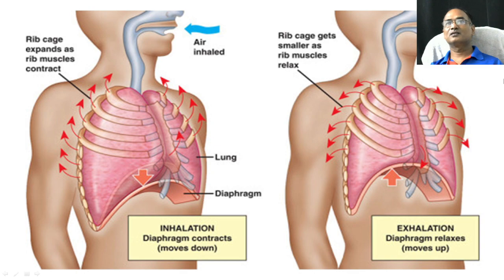Up to this, we have discussed inhalation, exhalation, internal respiration, external respiration, and how your diaphragm supports inhalation, and by releasing the diaphragm how your system exhales the carbon dioxide from your lungs.